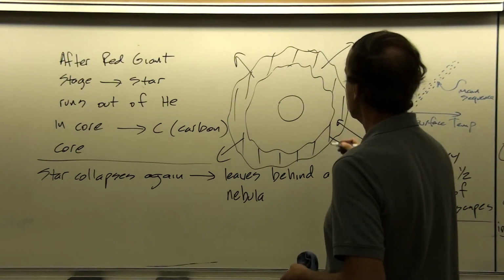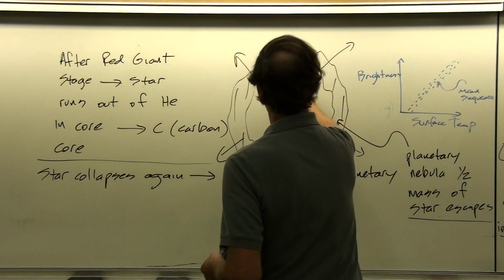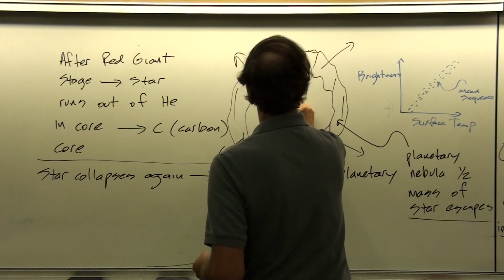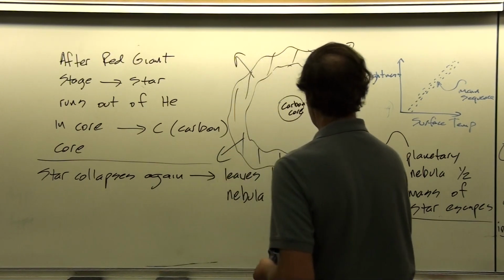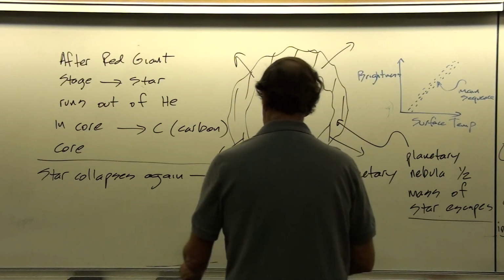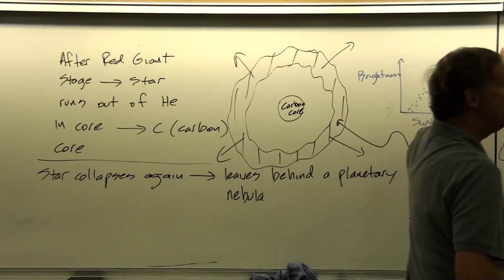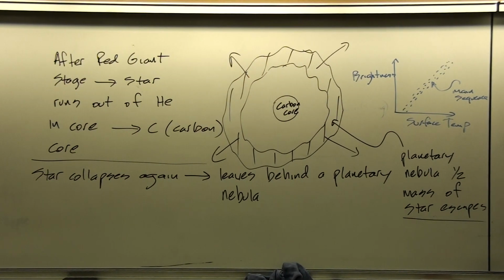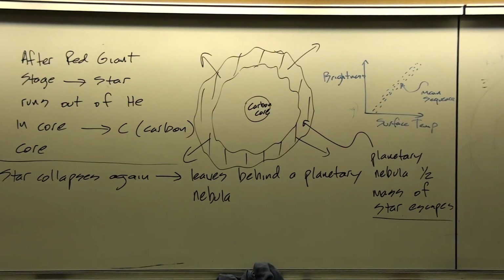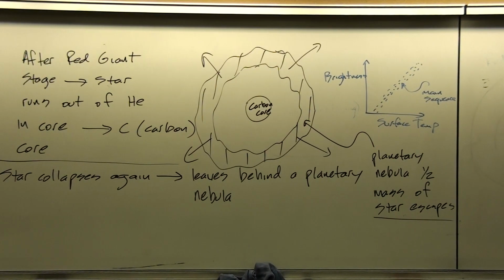And then in the core, what will happen is that this is a carbon core now. If the mass of this carbon core is less than 1.4 times the mass of our sun, then it will become a white dwarf.